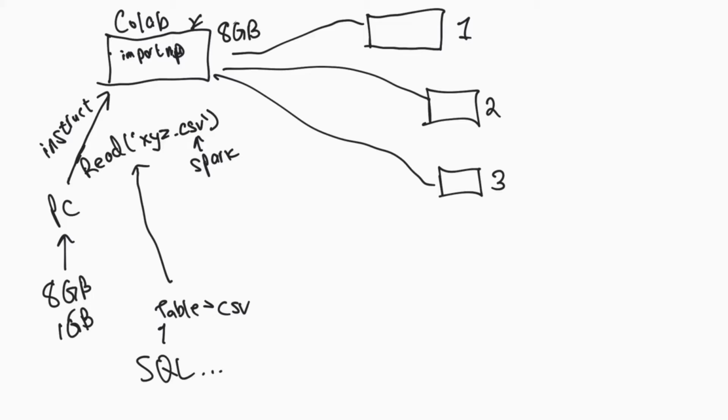And if these all have 8 gigs and it was maybe a 9 gig file, then that's fine. You can open up 3 gigs on each, and then that would be your file. It'd be split apart. So this is like your CSV. Some of it's here, some of it's here, some of it's here.